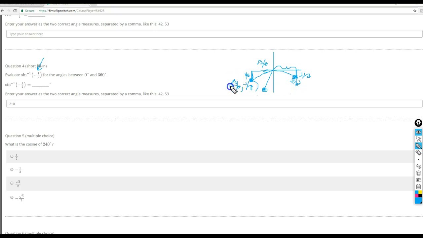This one should be negative. So I know the reference angle is 30 degrees, and so the quickest way for me to figure out what this angle is would be 360 minus 30, which is 330.